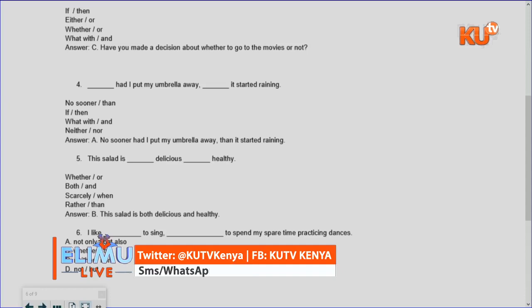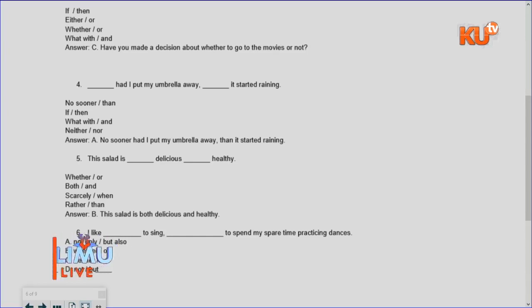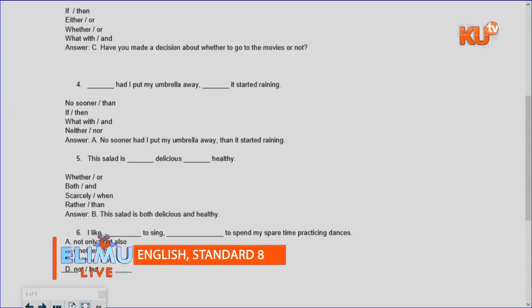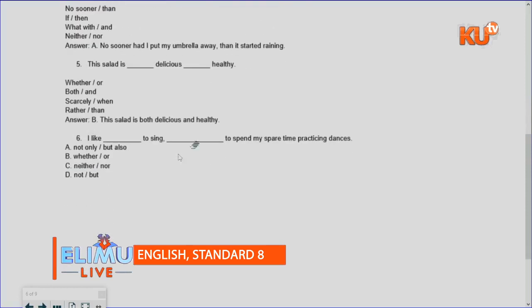Now the third and fourth choices, scarcely when and rather than, are there to confuse you. They are called distractors. This salad is both delicious and healthy. That is the correct answer. I hope you are getting these questions correct at home. So we move on to question 6.